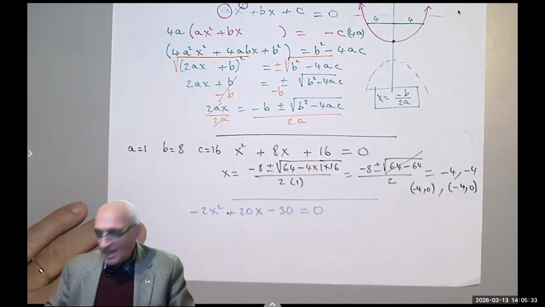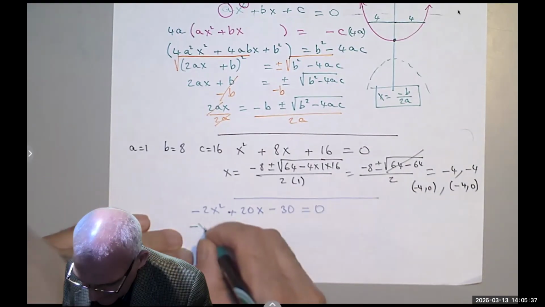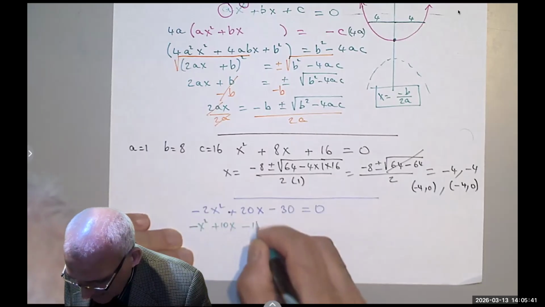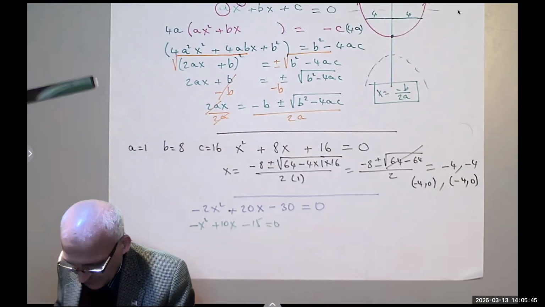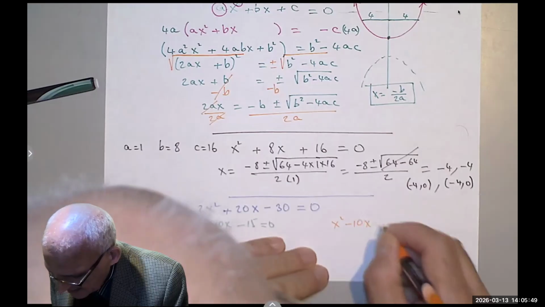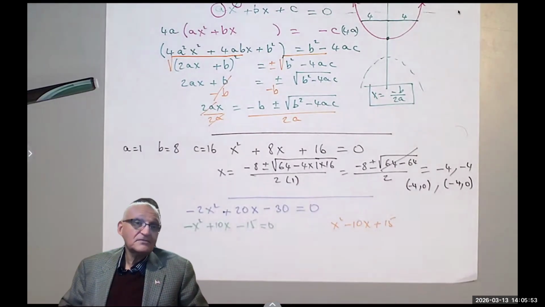No. If I divide by 2, I will get negative x squared plus 10x minus 15 equals 0. And if I divide by negative 2, I will get x squared minus 10x plus 15. Right? Let's see what happens.